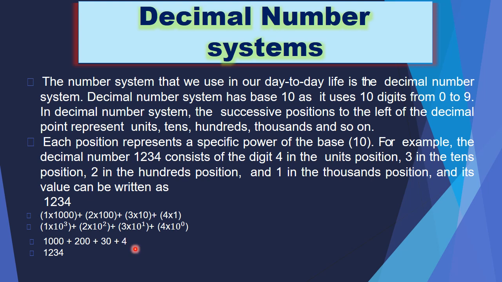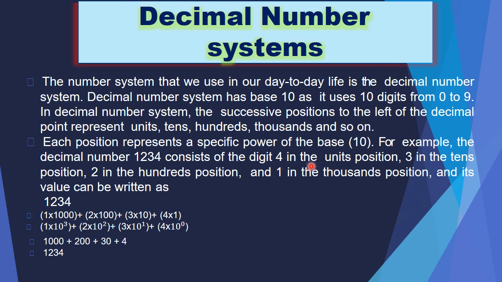So in the decimal number system, the successive positions to the left of the decimal point represent units, tens, hundreds and so on. Each represents a specific power of the base. For example, the decimal number 1234 consists of how many digits? 4 digits.